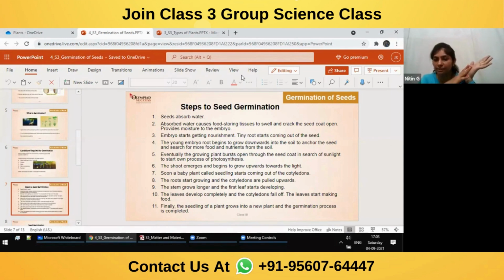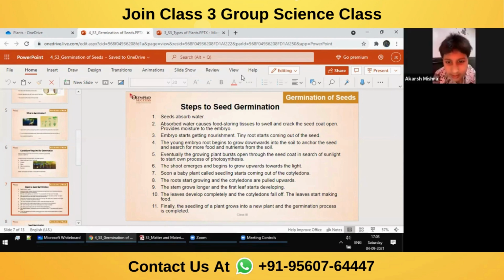The cotyledons were there with the embryo. Later on, these cotyledons will shed off because the embryo has started growing. The roots start growing and the cotyledons are pulled upwards. The stem grows longer and the first leaf starts developing.